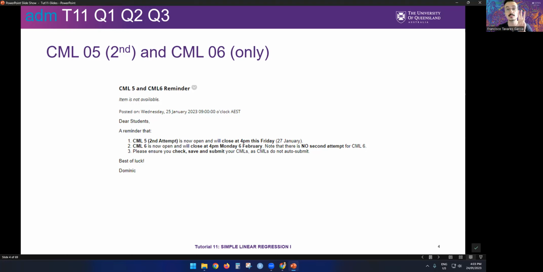So we only consider your best 5 CMLs, and your lowest score will be removed. So make sure you also try CML 6 and try to pump up your grades. It's always a good idea.